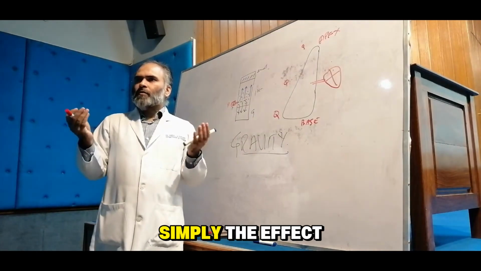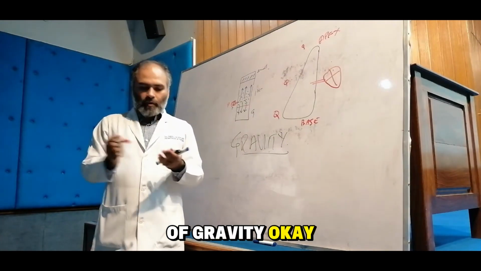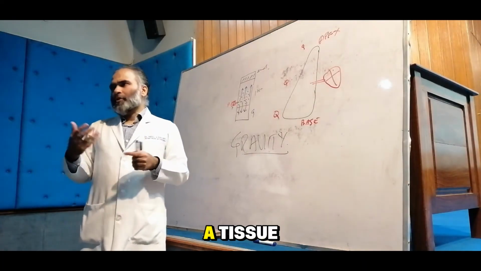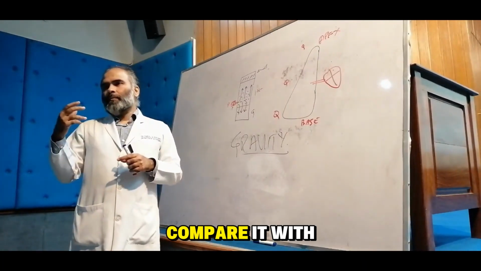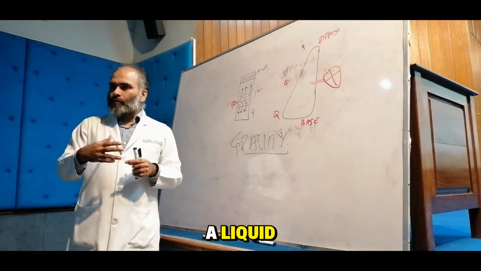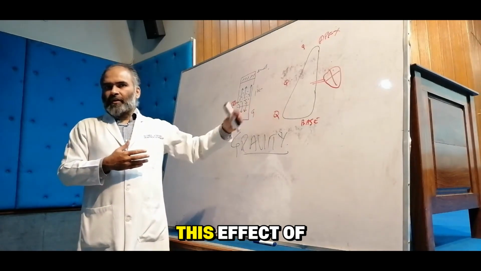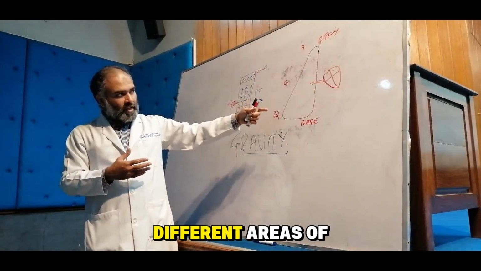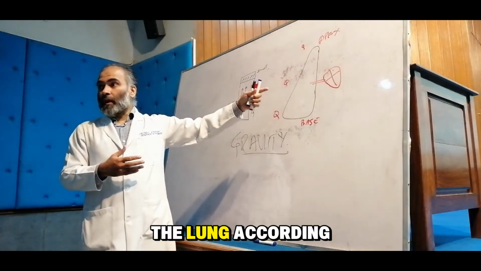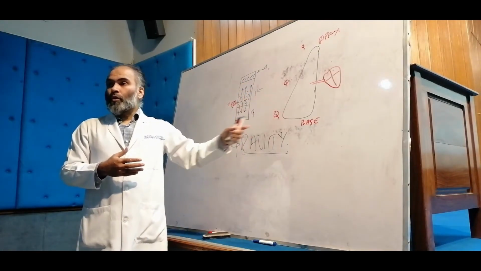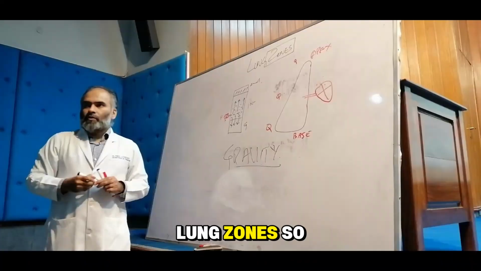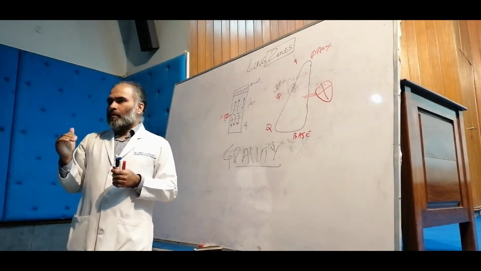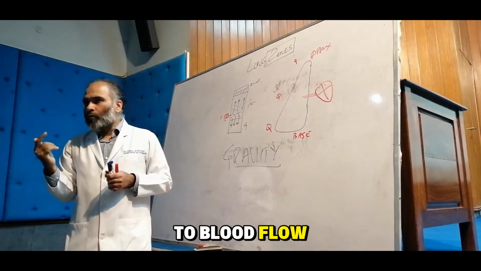Questions? This is simply the effect of gravity. Blood is a complex liquid, isn't it? It's actually a tissue, but just to compare it with air, it's a liquid. It behaves like this. The effect of gravity on blood is such that we have different areas of the lung according to Q. We call them lung zones. So the lung is not one homogeneous structure when it comes to blood flow.